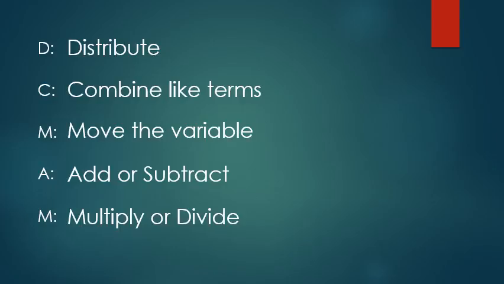So we're going to focus on one skill set here. We're going to definitely make sure that we know how to add or subtract when we're solving equations, as well as multiplying or dividing. But today we are focusing on distribution. So we have to make sure that you understand how to solve when there's distribution in the equations.